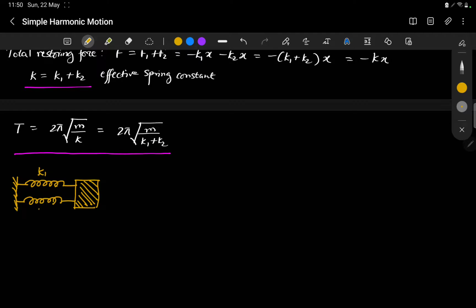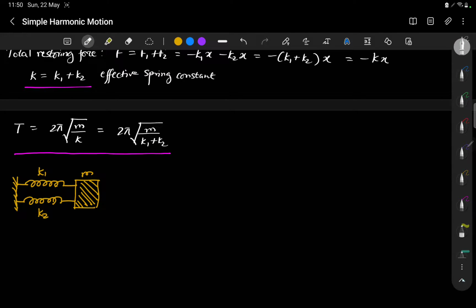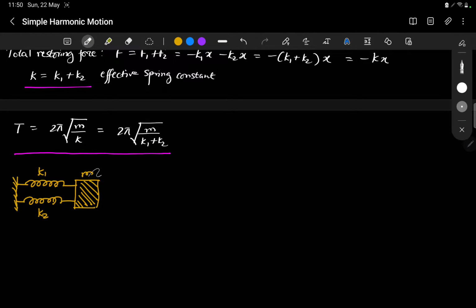So this is k1, this is spring constant k2, and this is a block of mass m. Let us try and see this configuration as well. So this is the equilibrium position, and we displace the block by x. So both these springs with constants k1 and k2 would have the same extension x. So the restoring force would be in this direction from both the springs.